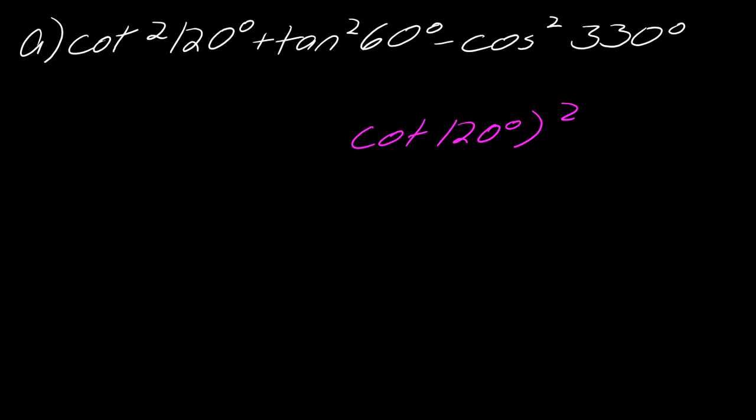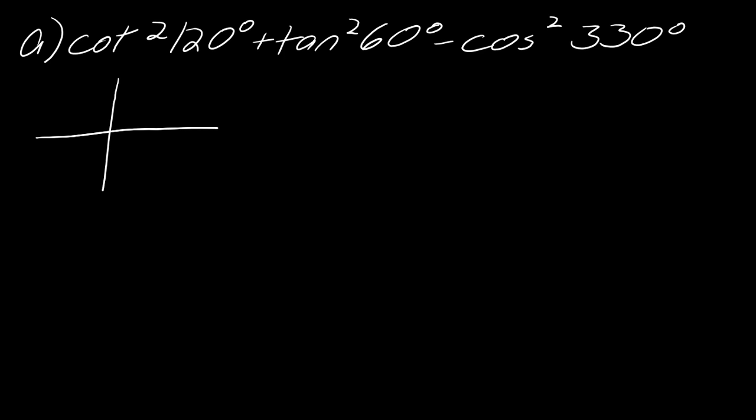Okay, so what I need to do here, I have to find a couple of reference angles. So this one here, I don't need to worry about. That one we can just run with. But for cotangent of 120 degrees, where does that fall? So for cotangent of 120, that falls into quadrant 2.